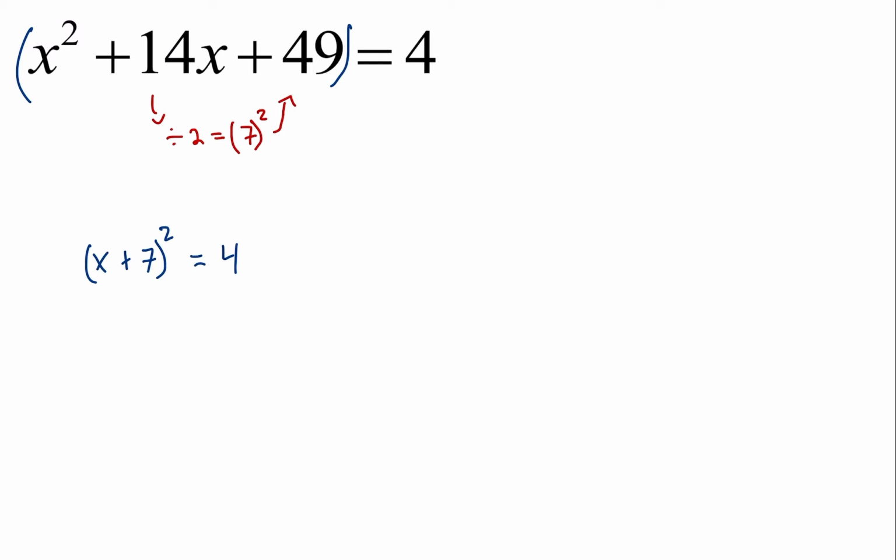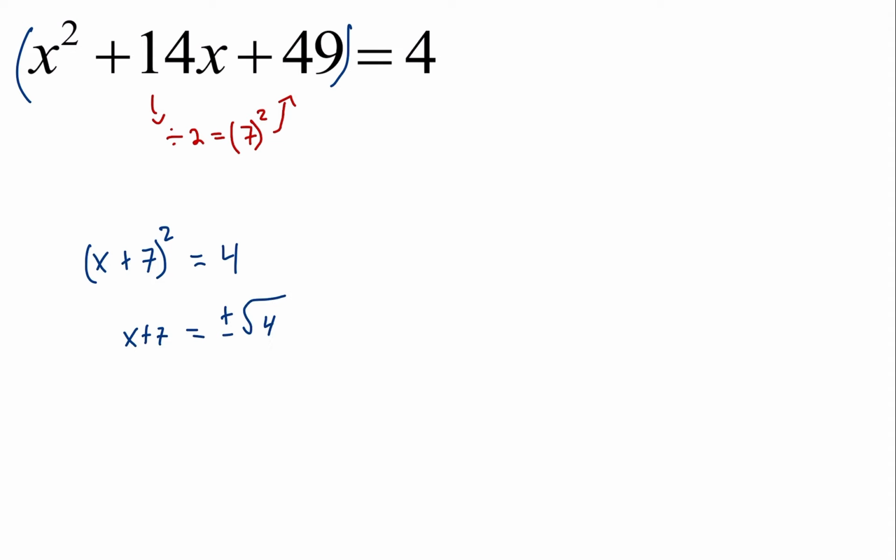Okay, what is different from this unit from last unit is now we're not just leaving it in vertex form, we're going to be solving for x. So we're going to take this one step further and just try to get x all by itself by square rooting both sides. So we got x plus 7 is equal to plus or minus the square root of 4.